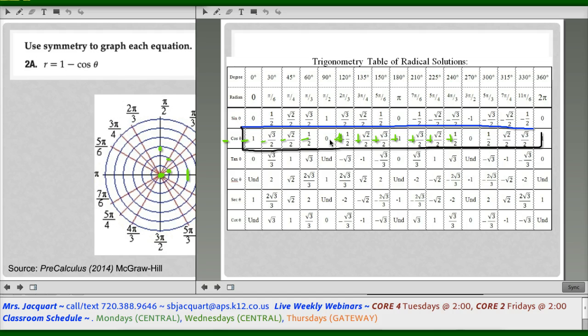And then we're going to come back the other way, 1 plus 1/2. It's 1.5, which is about here. And then 1 plus 0.8, 1.8. And then this one's going to be 2. Now we're just going to use symmetry to finish it out.